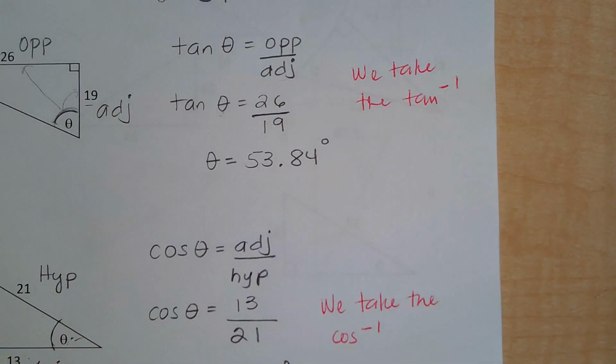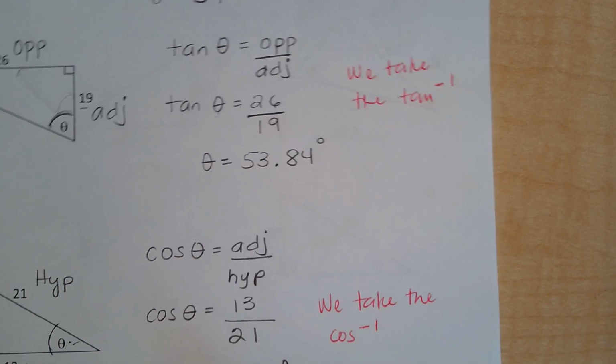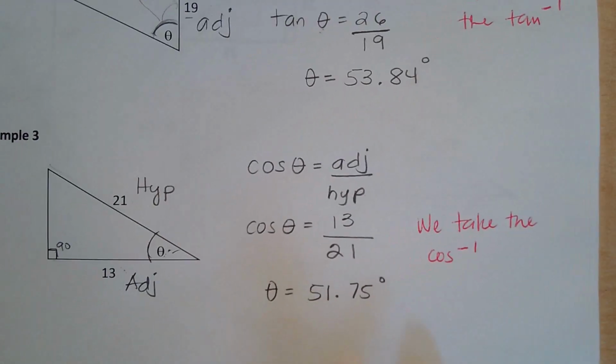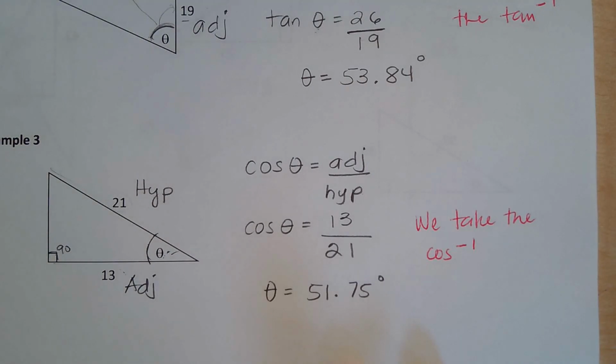It's like any new skill that you're learning: it takes practice to get really, really good at it. Is reducing subtracting? No, it's cos inverse, cos inverse. No subtracting here.